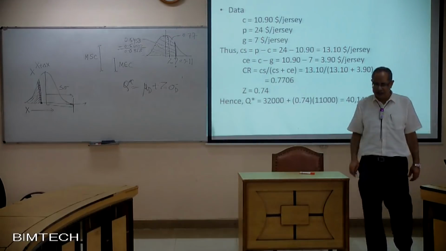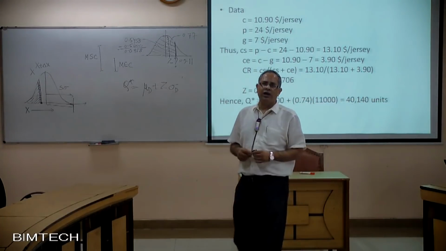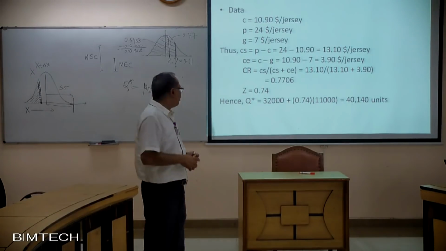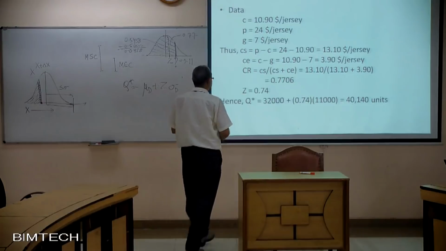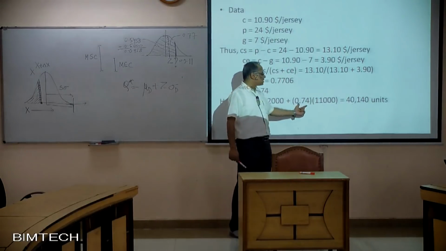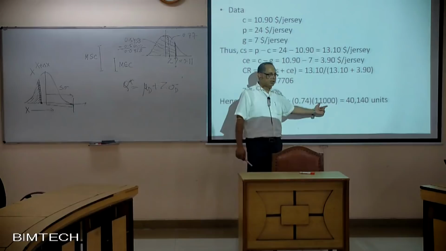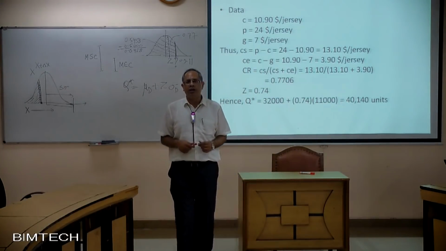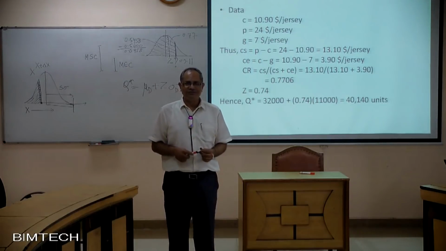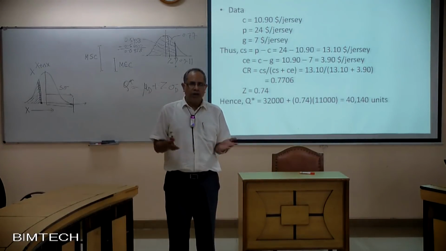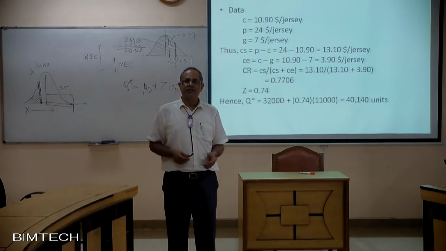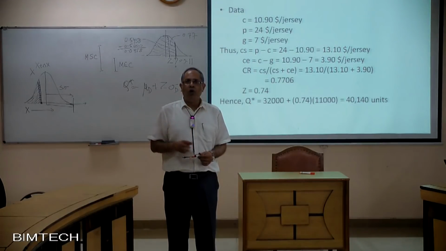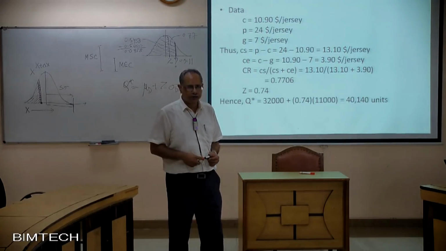If you consult your standard normal tables, I'm sure you will be able to verify that. And therefore, what is my Q star? Well, my Q star is mean demand plus Z value multiplied by the standard deviation. Now it is 40,140 units. So everything remains the same. The method remains the same. The only thing that changes is our estimation of the unit shortage or the unit excess cost.